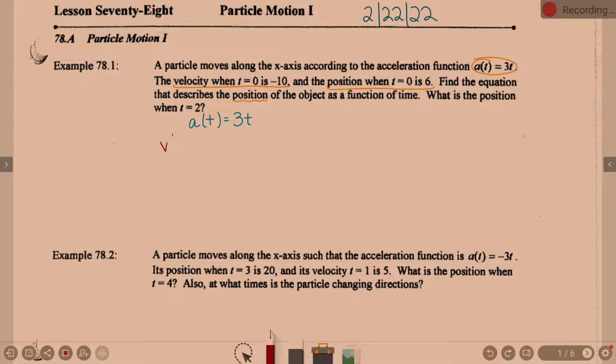So I'm going to say that velocity is the integral of a of t dt. Why did I just put a of t in there? I should have just gone ahead and put 3t, which is the same thing, right? We got it. Velocity is the integral of acceleration. What is the integral of 3t?